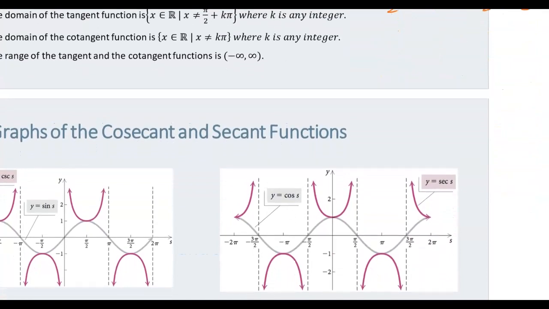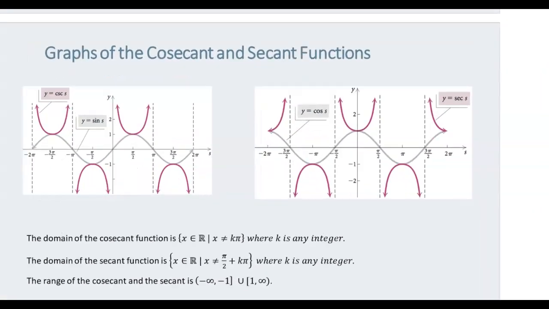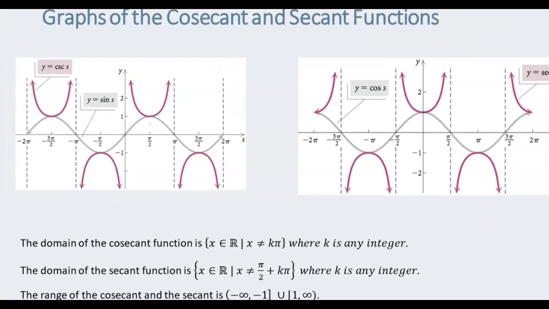The last graphs that we're looking at are secant and cosecant, and they are reciprocals of sine and cosine. One of the ways that we talk about how to get these graphs is by graphing sine first. In this case, you can see that the sine graph is listed here. It's not part of the cosecant graph, but it's listed so that we can see where the cosecant graph is sitting.